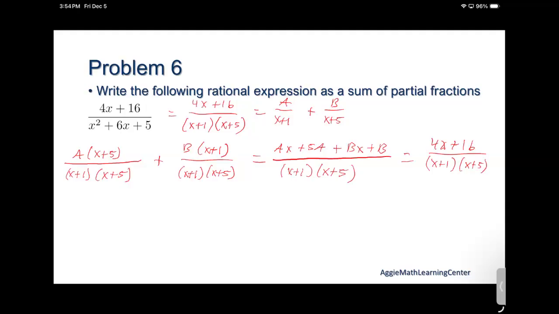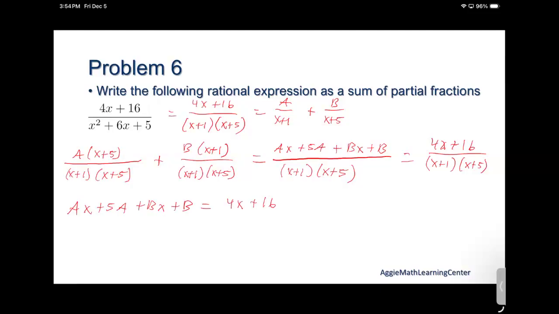If we look at those two fractions, you can see that the two denominators are equal to each other. And because of that, we can therefore just set the two numerators equal to each other. And so ax plus 5a plus bx plus b has to equal 4x plus 16.